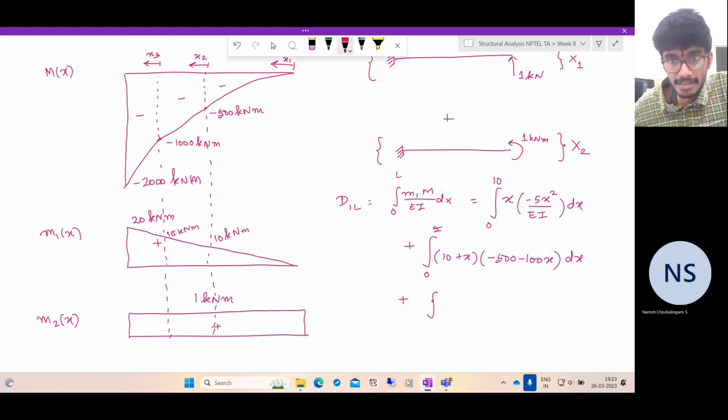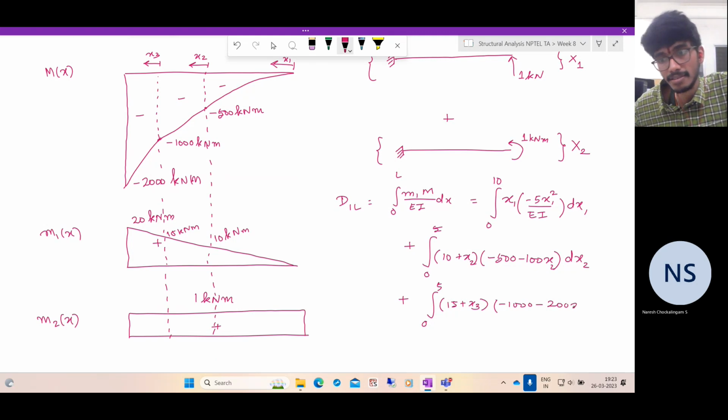Now let us see region 3. This is x, this is x1, this is x2. This is region 3, again going from 0 to 5. The virtual moment is 15 plus x3. What is the real bending moment? It is minus 1000 minus 200x.